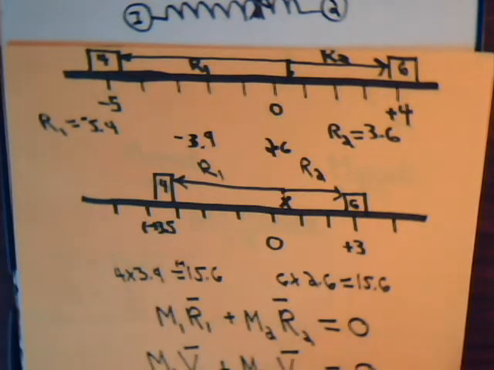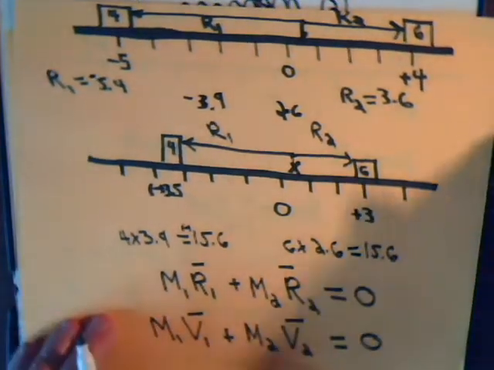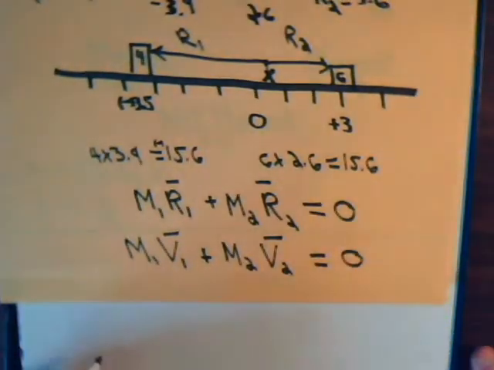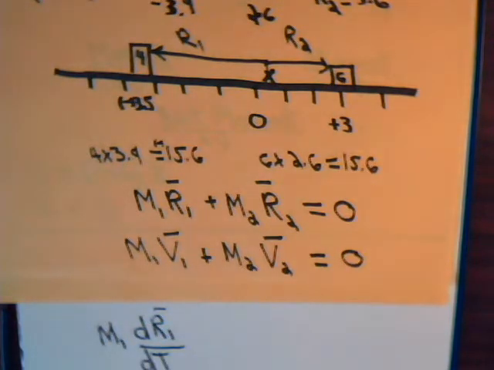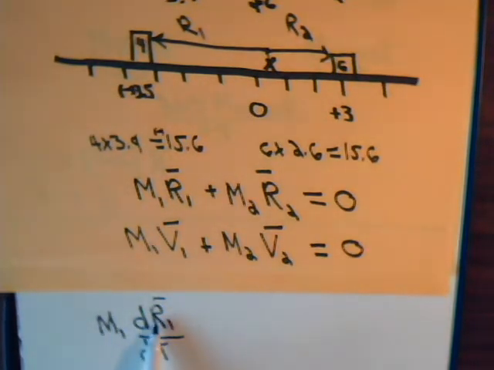So then we have m1 times dR1/dt. And of course, R1 is the position vector for mass 1. Well, that's just going to be the velocity of it.